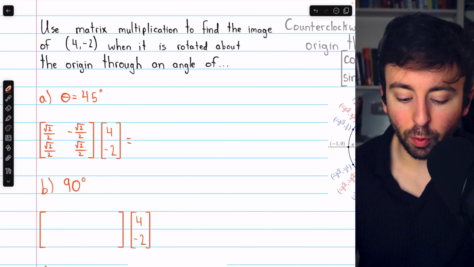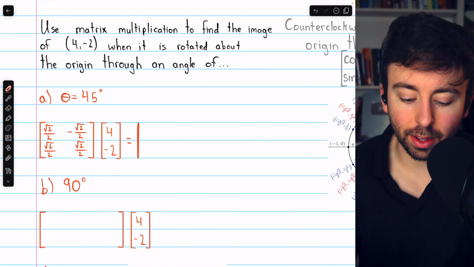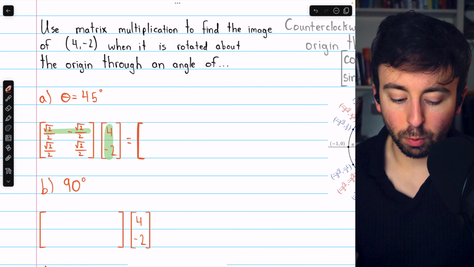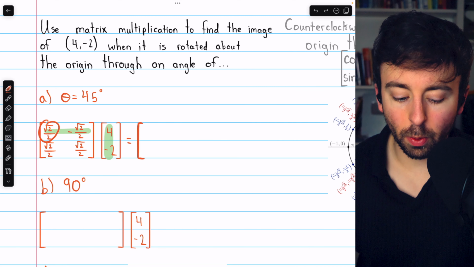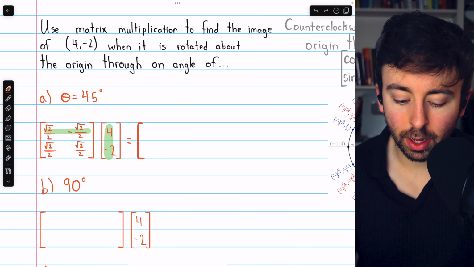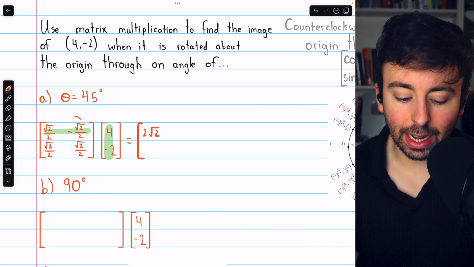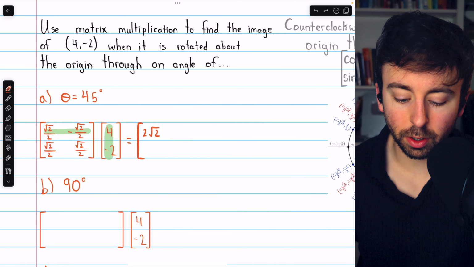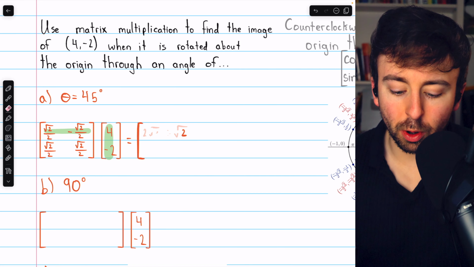Let's go ahead and perform the multiplication to rotate this vector. First, we'll have this row matched up with this column. Now, √2/2 times 4 is going to be 2√2. And then we'll have -√2/2 times -2, which is going to be +√2. So plus √2. And why don't we just simplify this right away to 3√2.